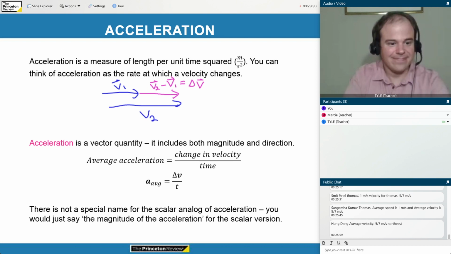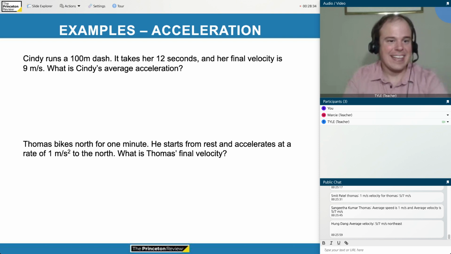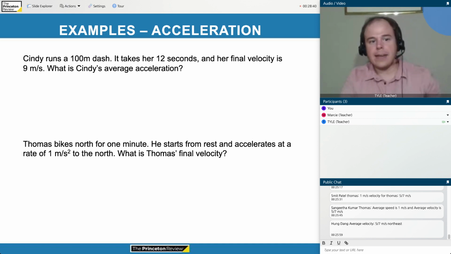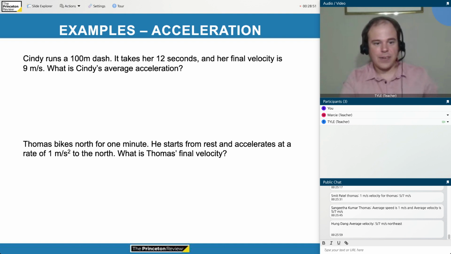Okay, let's look at a couple of examples. Cindy runs a 100-meter dash. Let's say that it takes her 12 seconds, and her final velocity is 9 meters per second. What is Cindy's average acceleration? And then Thomas bikes north for 1 minute. He starts from rest and accelerates at a rate of 1 meter per second squared to the north.